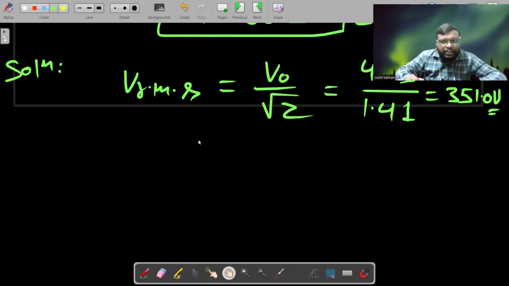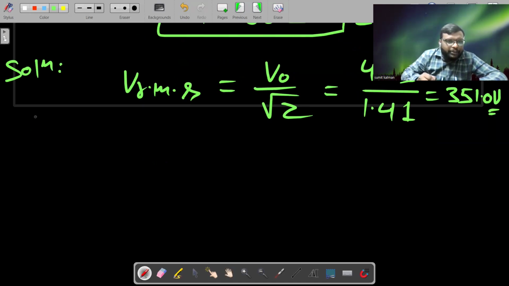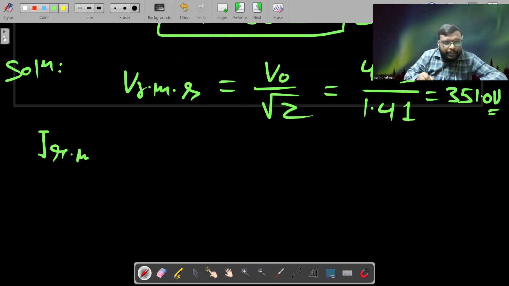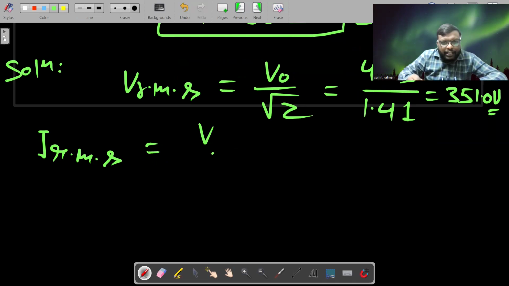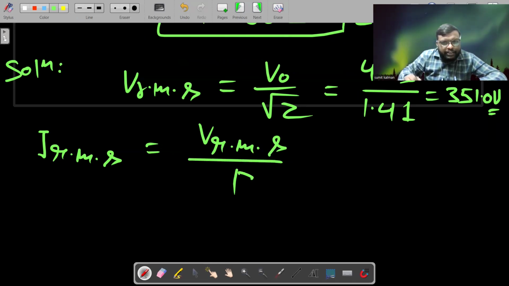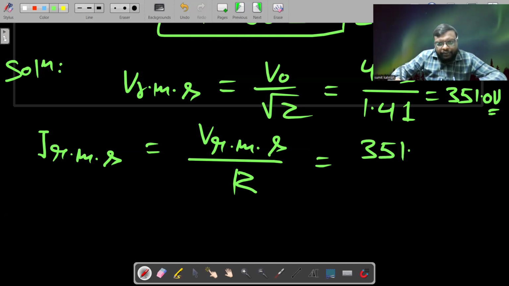And students, now we will calculate RMS value of current, that is I RMS, and it is equal to V RMS upon resistance R. We have calculated V RMS, it is 351.0 upon resistance 70 ohm.